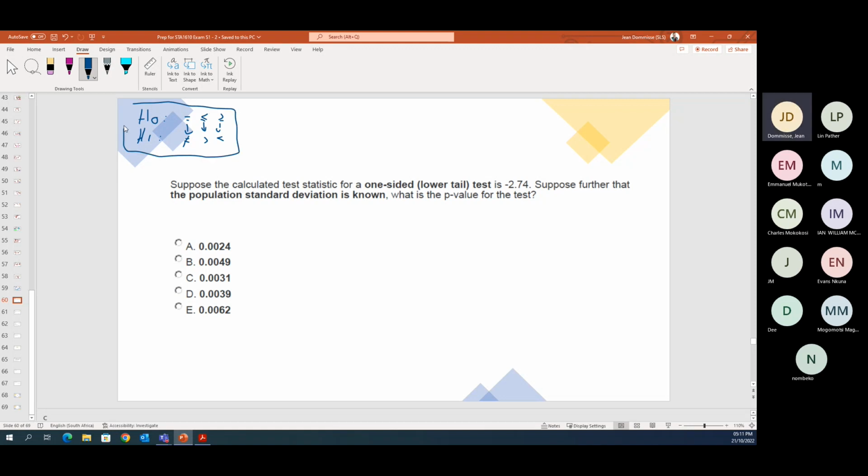It might be that they do this in a question where they give you A, B, C, D, and E, and they tell you the one null hypothesis is equal to, alternative is this. Then there's another one where we do this.